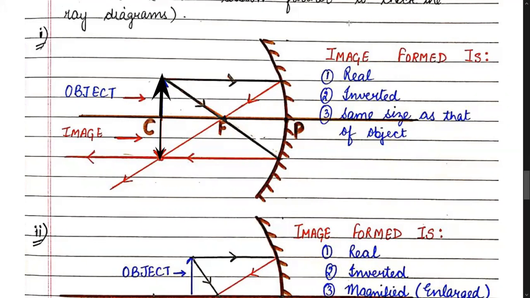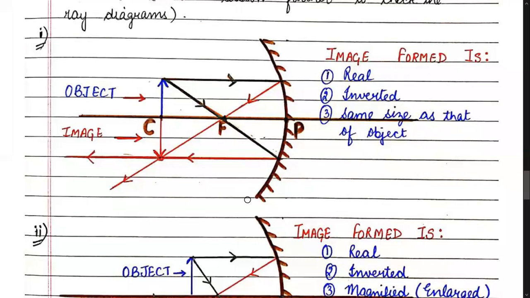The size of the object and the size of the image is the same. That means the characteristics of the image are: the image is real, it is inverted, and the size of the image is the same as that of the object. Clear? So students, now let us do the second case.